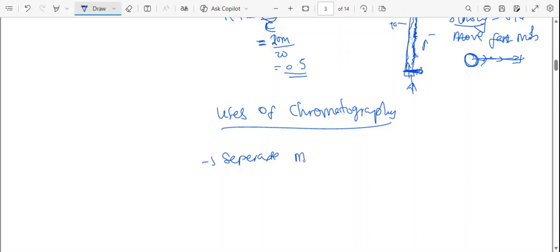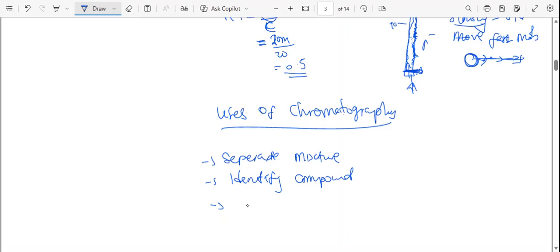The other is to identify compounds. Suppose you have reference materials. You say, whenever you see, let's say, 15.5 distance traveled, then you can tell that this is, say, a carbonyl compound. So we can identify compounds.